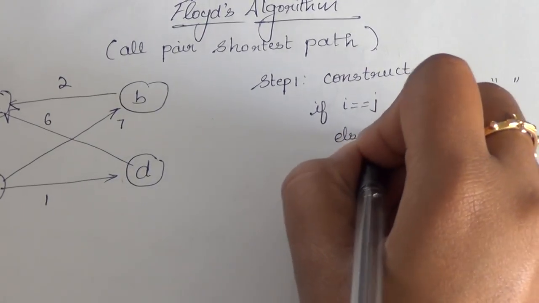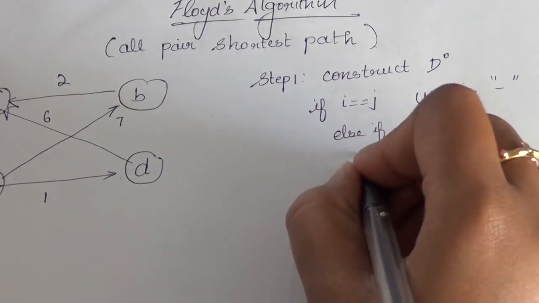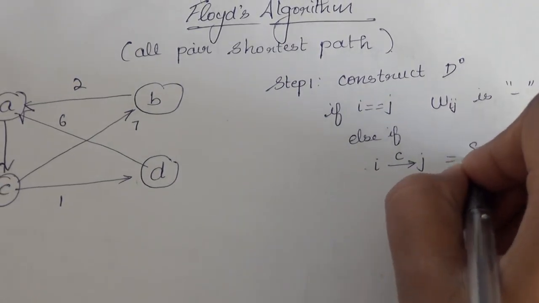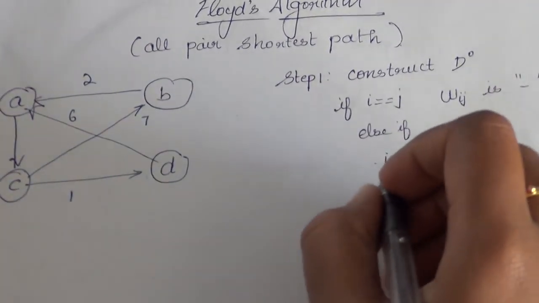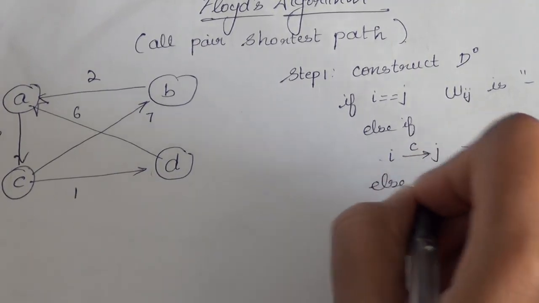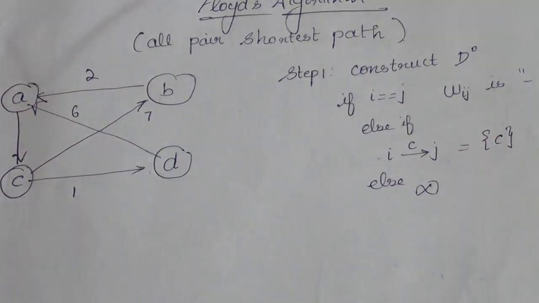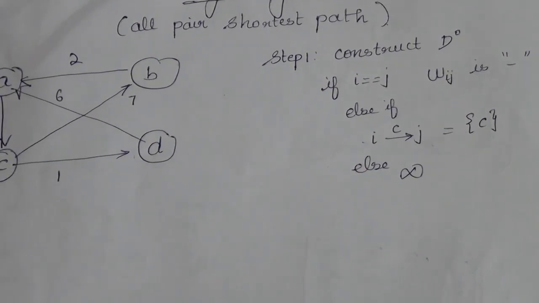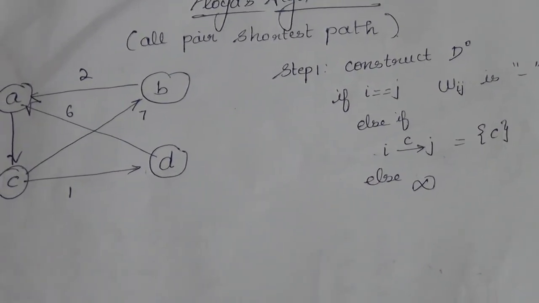Else, if there is some cost between the i and j node, then that cost will be represented in the weighted matrix. Else, if there is no cost, then it is represented as infinity. So for now, we will construct the D0 matrix.